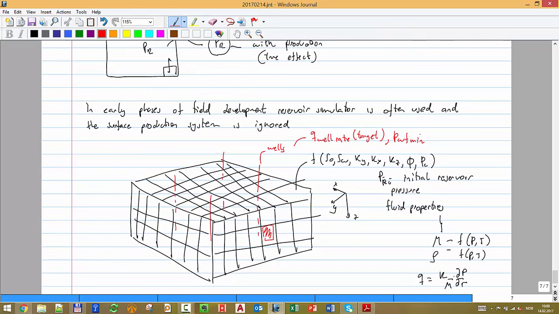So you get these two numbers. Then you perform simulations with time, and for each time step you make certain operations, and you calculate rates and pressures in each one of the well cells.